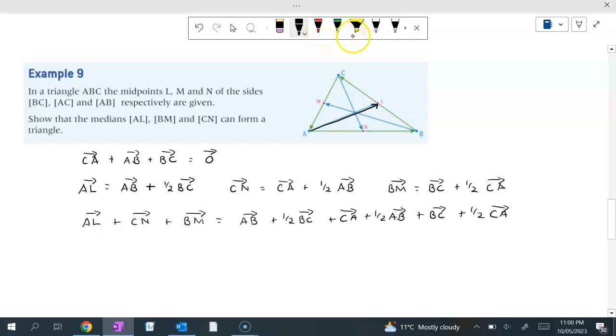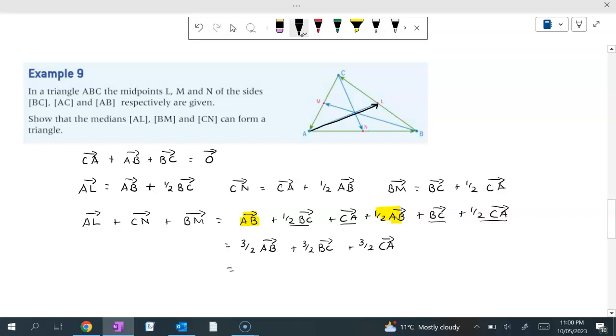Now let's look at what we've got common. So I will note I've got an AB here and an AB here. So I've got 1.5 ABs. So that'll be 3 on 2 AB. Then I've got half BC here and a BC here, so that'll be 3 on 2 lots of BC. And I've got a CA there and a half a CA there, so that'll be 3 on 2 lots of CA.